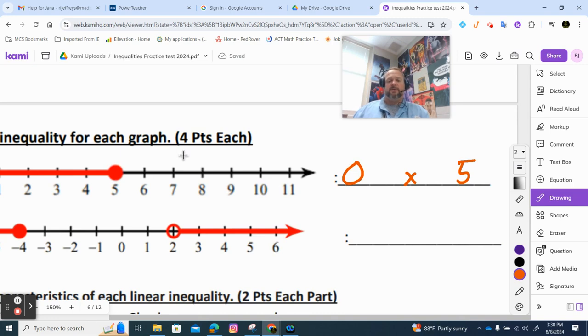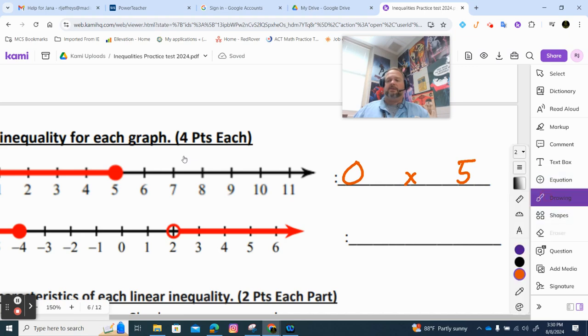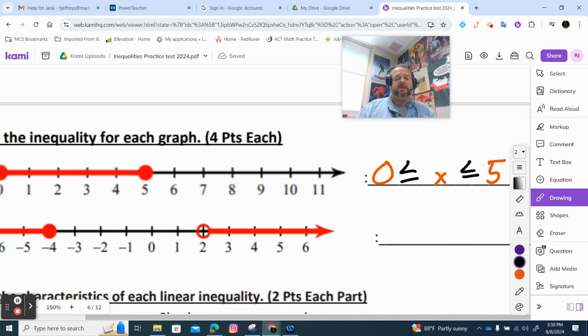They both are closed circles. When it looks like this on this test, that's what it looks like.